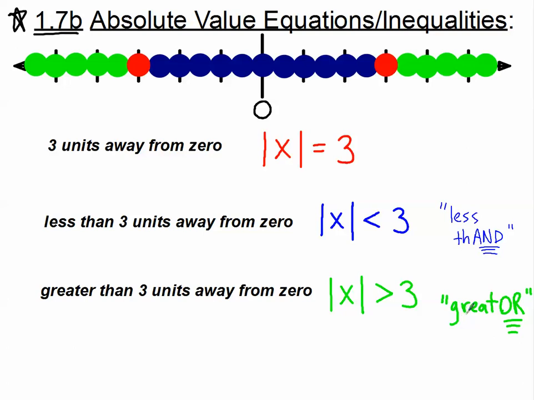Now I understand that I'm misspelling the word greater. I'm treating it as a mnemonic device to help me remember that when I see an absolute value that is greater than, it's an or statement, meaning that it's not an intersection. It's this set of answers or this set of answers, and the graph will always look like that.